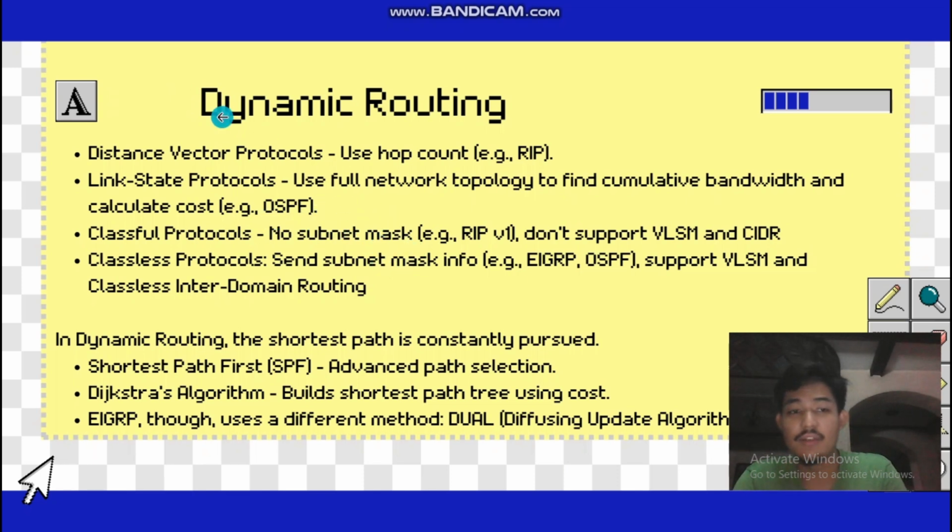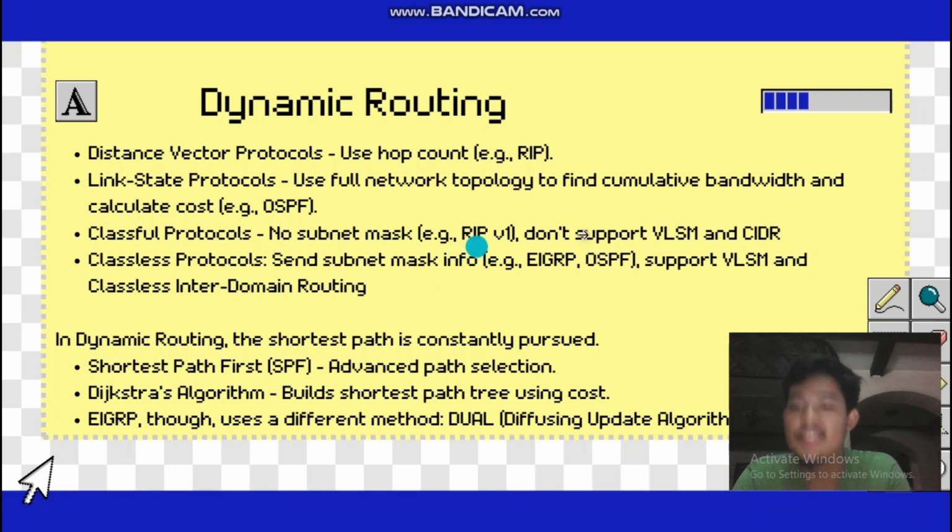We also have classful protocols, which do not send subnet masks, such as our original Routing Information Protocol, RIP v1. This very first routing protocol, which is a distance vector, is also an example of a classful protocol. As a result of having no subnet mask, it doesn't need VLSM, or variable length subnet mask, and CIDR, or classless interdomain routing, since obviously it's classful.